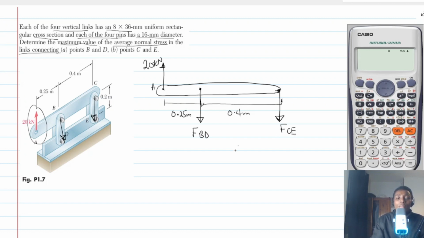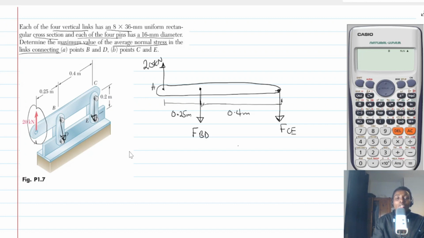So this problem now becomes a mere statics problem, where we can use equilibrium to solve. We can decide to sum forces. Let's solve it together. The simplest way to solve this is to sum moment. What are we trying to do?